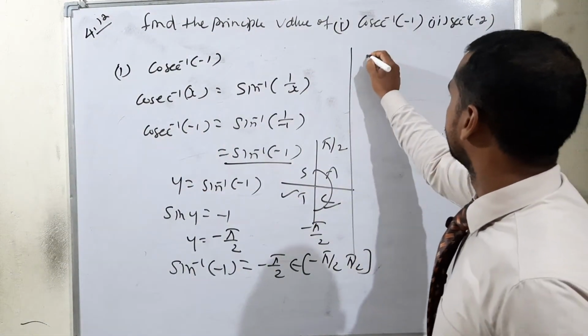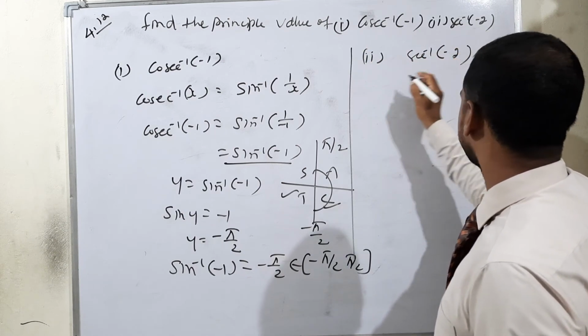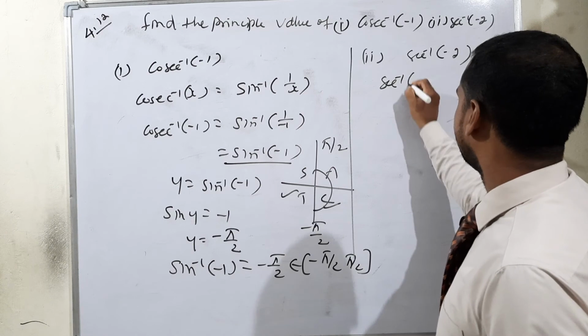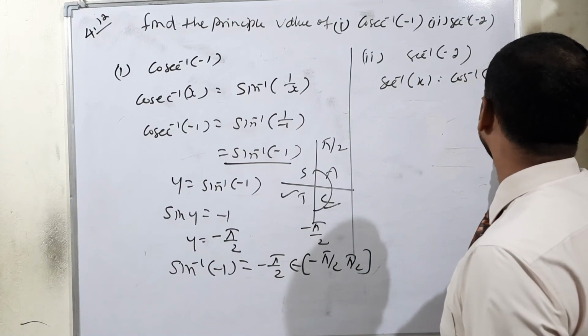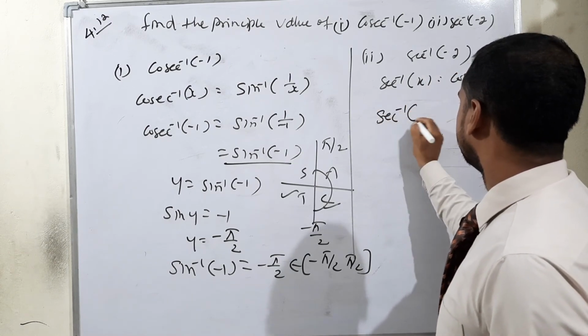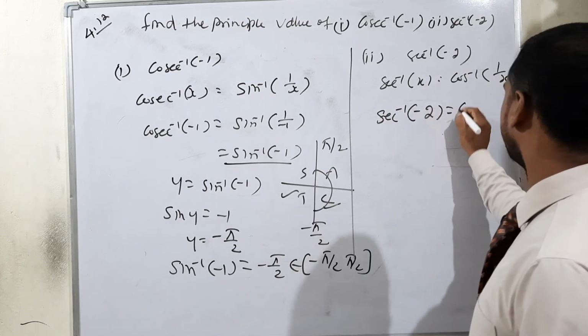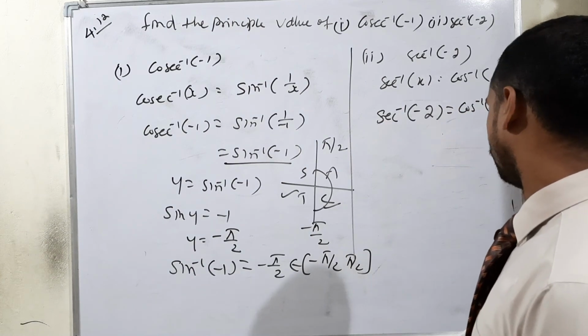Moving to subdivision 2, secant inverse of minus 2. Normally secant inverse of x is equal to cos inverse of 1 by x. Instead of x we apply minus 2. Therefore secant inverse of minus 2 is equal to cos inverse of minus 1 by 2.